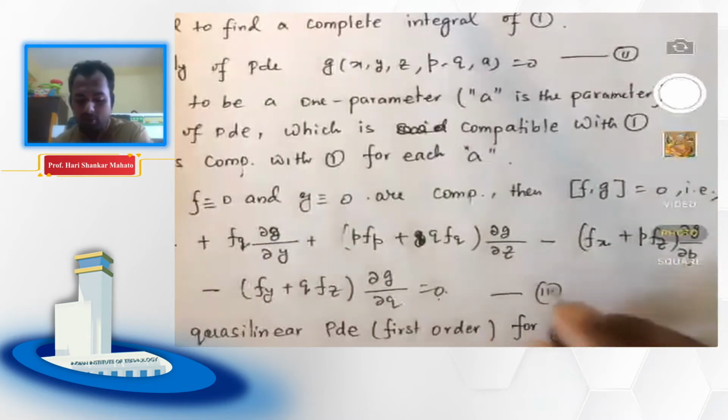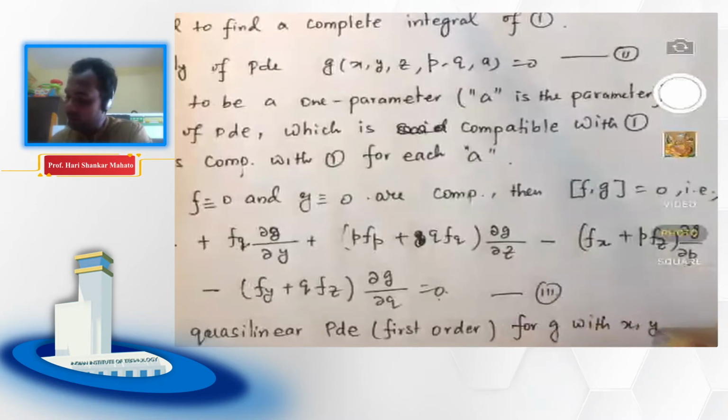Here we can also write with x, y, z, small p and small q are the independent variables. There's nothing wrong in that.